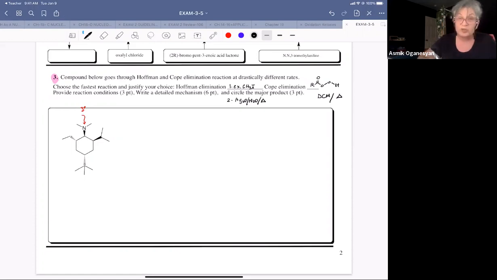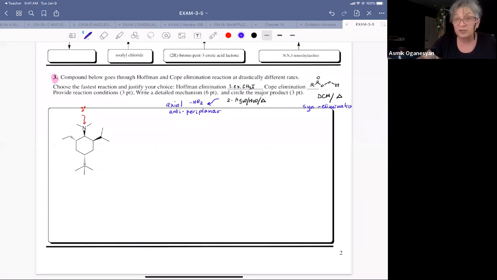For Hofmann elimination, we have a cyclic compound. My expectation is that I should have my amino group being axial, and the removal of the other hydrogen will be anti-periplanar. And for Cope elimination, I will have to make sure that I have a syn elimination product.